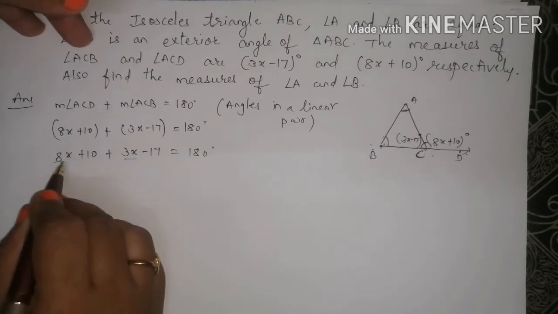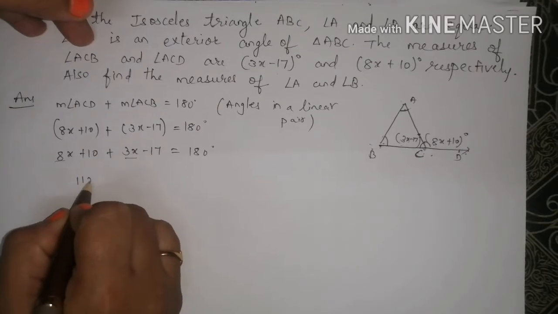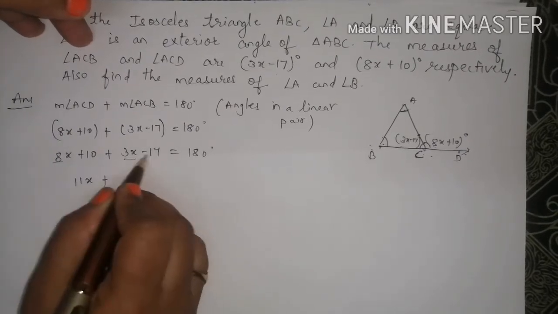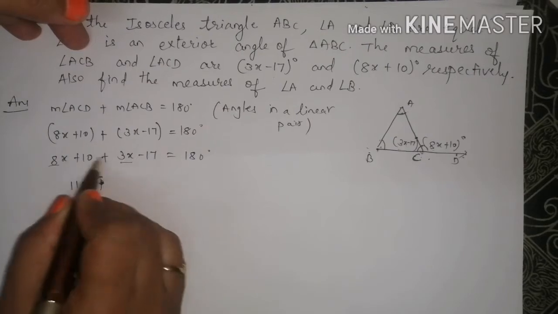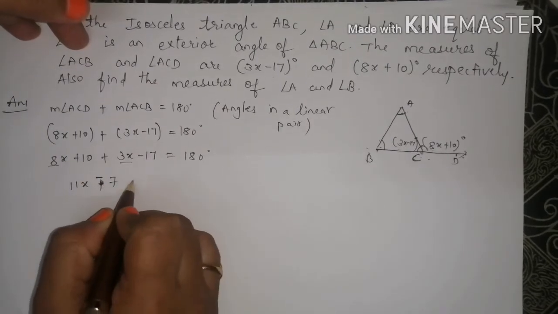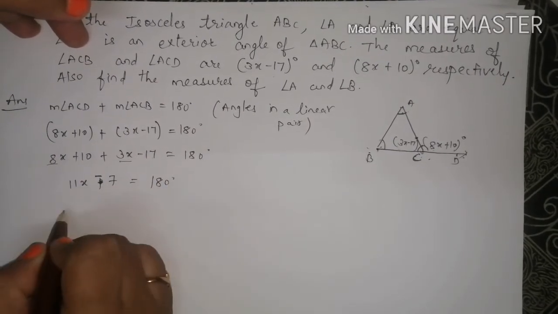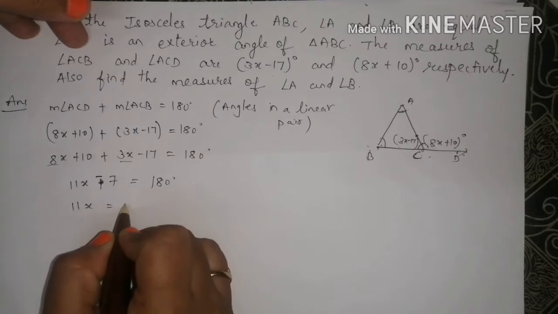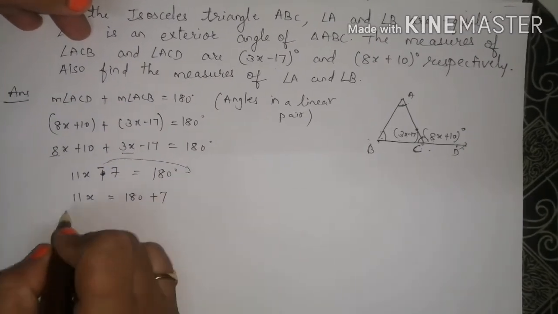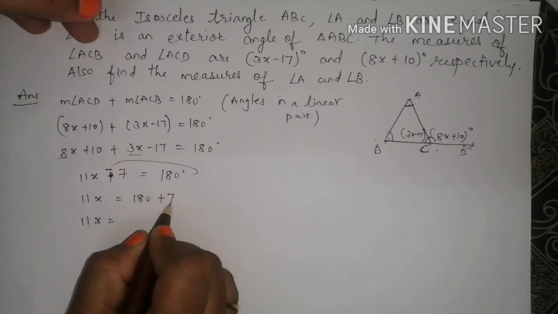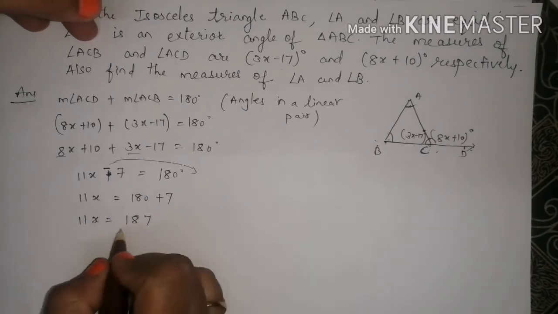Take the like terms. 8x plus 3x will be 11x, plus 10 minus 17. Greater number has sign minus. 17 minus 10 will be 7, so minus 7 is equal to 180 degree. So 11x is equal to 180. This minus 7 will go this side, will become plus 7. So 11x is equal to 180 plus 7, which is 187.